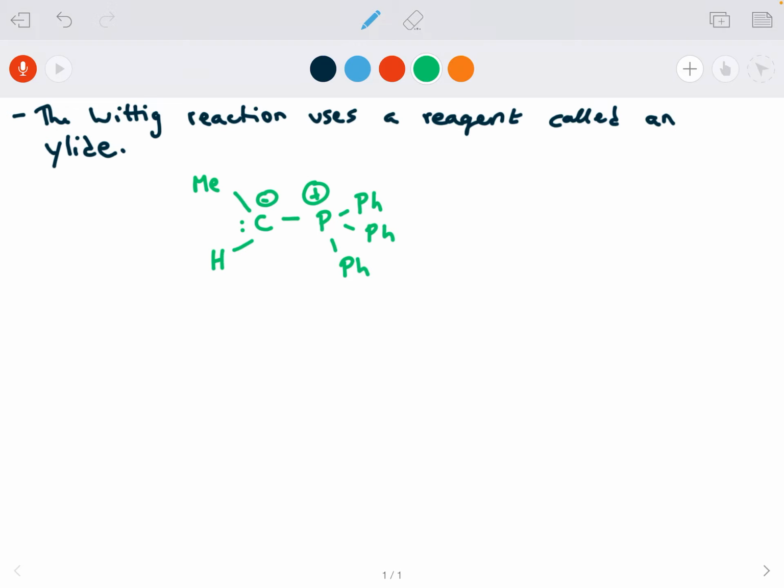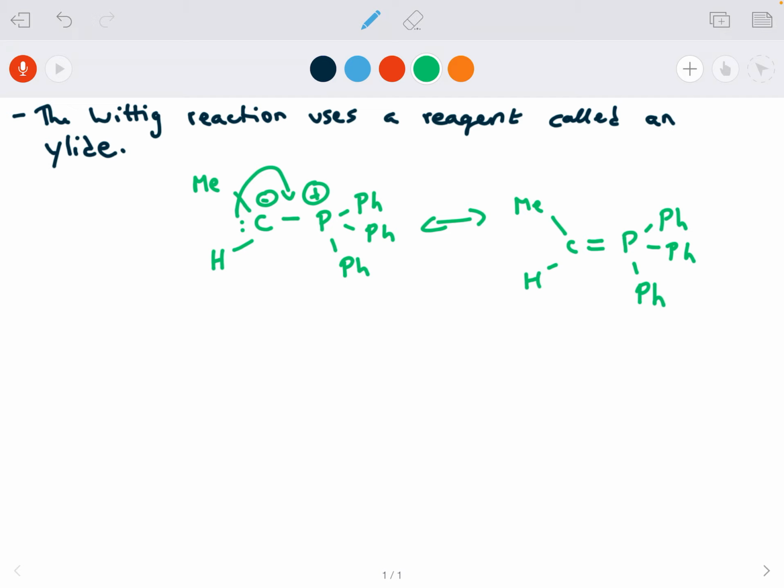Now you'll say, yes, there's resonance here. Okay, I can draw a resonance structure and I would get this. You can do that. A couple notes, phosphorus can make 5 bonds because it's not one of the second row elements, so it has extra orbitals to allow for the formation of a 5th bond.